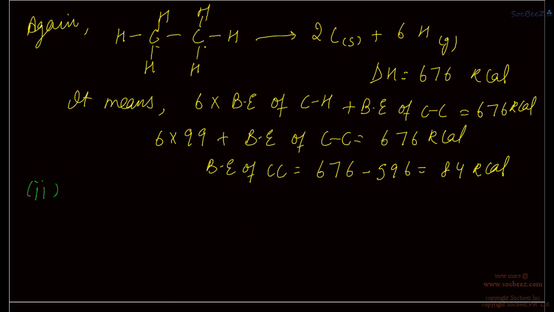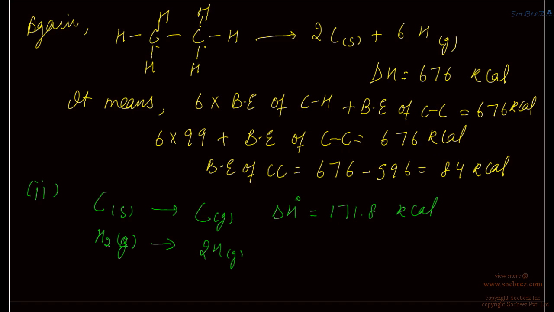Looking at the second part, there is a reaction C solid giving C gas, and delta H is given as 171.8 kilocalorie, and H2 in gaseous form gives 2H, and delta H is 104.1 kilocalorie.